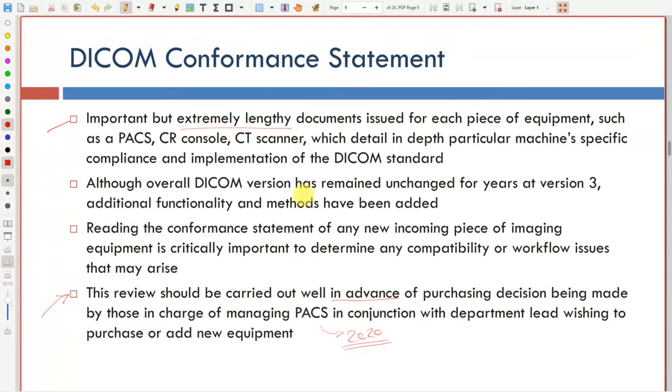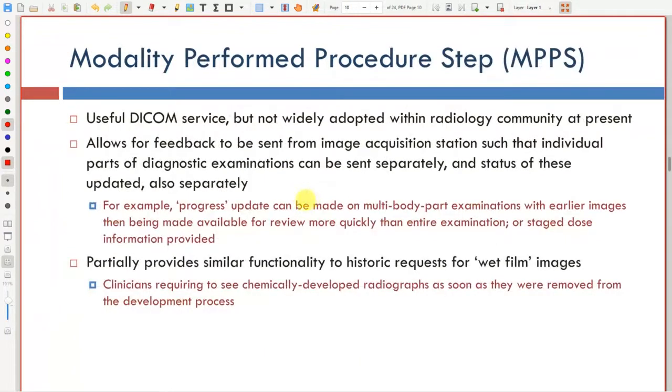And it's very important, if you're going to decide on a PACS system, to start with that. You have to start with the DICOM conformance statement in order to compare the different systems, and you have to get the people in the radiology department involved so that they tell you exactly what they plan to do in the department, so that you make the right choice for the long term, not just for whatever you have right now.